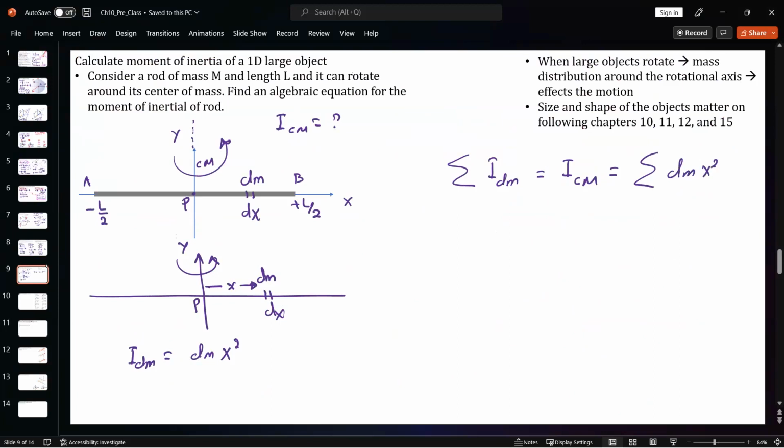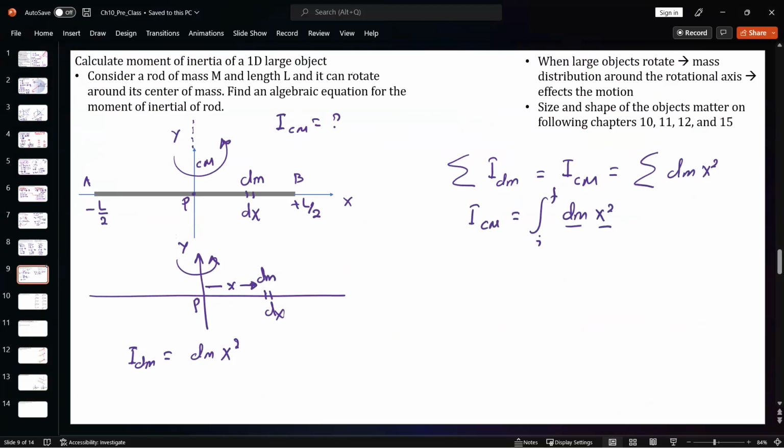That summation we can do as an integral if the object is a nice geometric shape and if you know all the boundary conditions for this object. Which means I can basically say I of CM for the object is equal to the integral of dm x squared. This is going from the initial point to the final point, but I have dm and x squared there. I can't do two variables there. You need to convert those two variables into one.